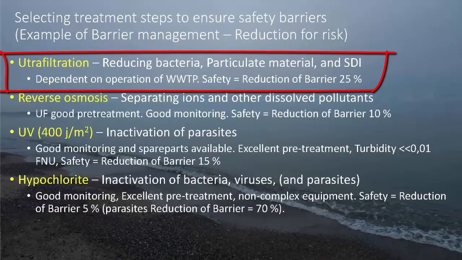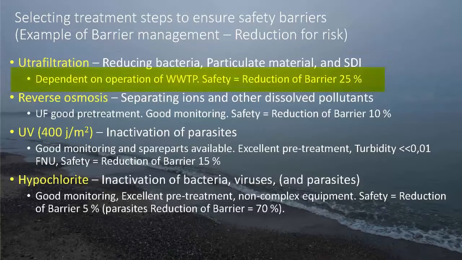With this we have a reduction of bacteria, viruses, and parasites, of course particulate material, and also a reduction of the SDI, the silt density index, which is important for the following step, reverse osmosis. I've also made a risk assessment and say that the log reduction of the barrier is decreased by 25%.